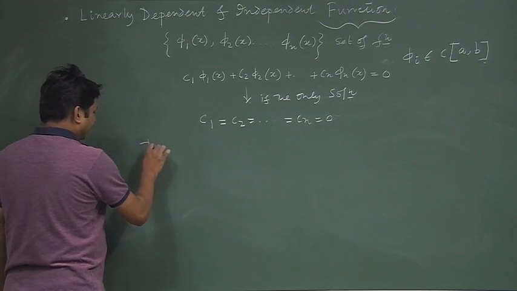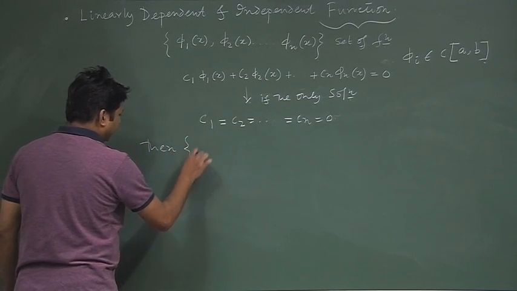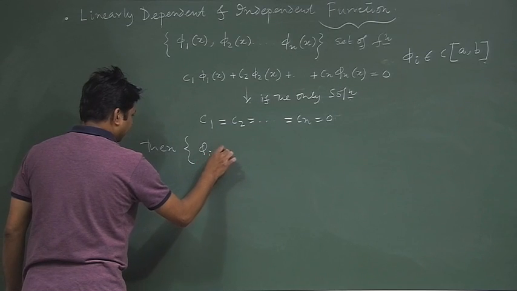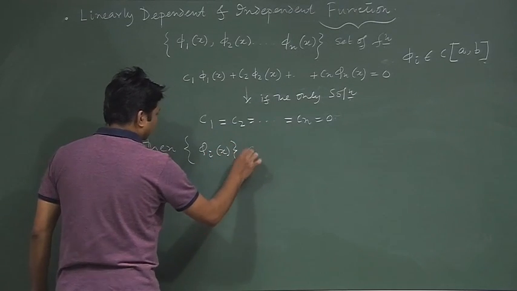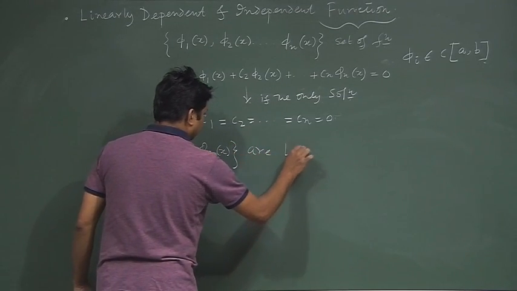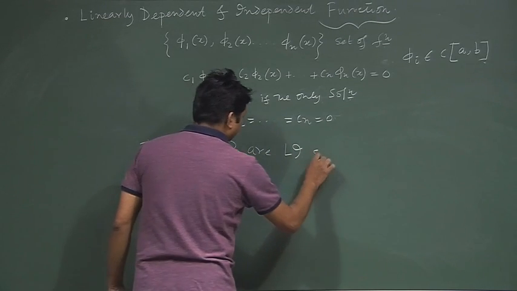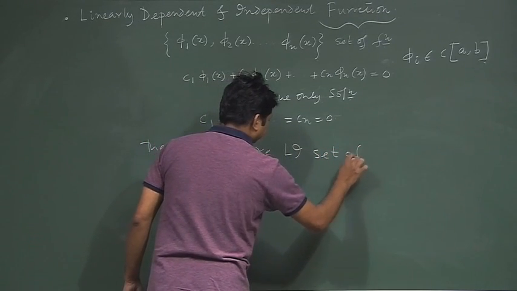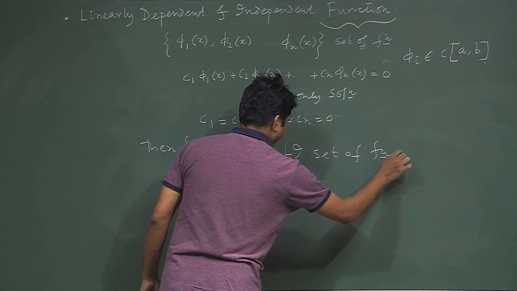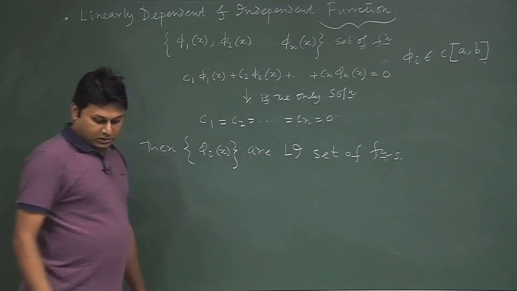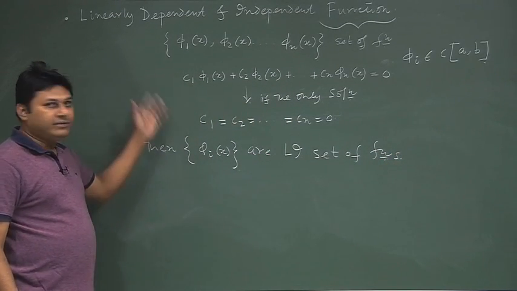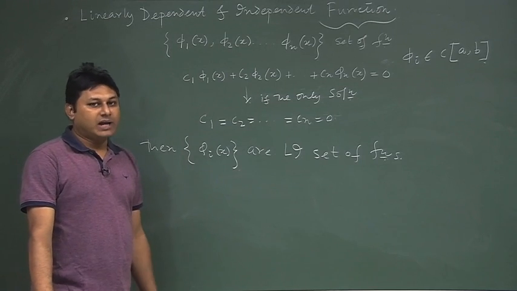Then we can say the set of functions phi i x are a linearly independent set of functions. So, by definition this is exactly the same as in the vector space.